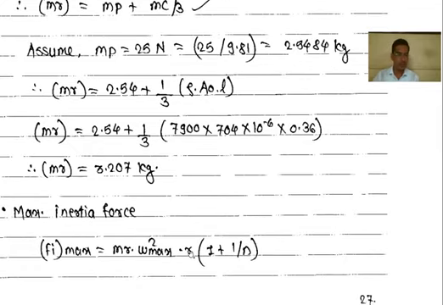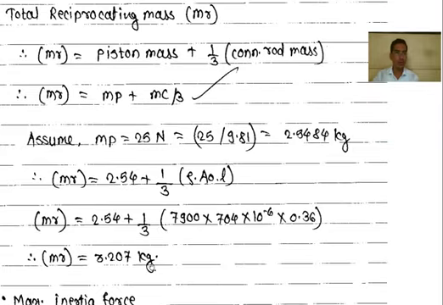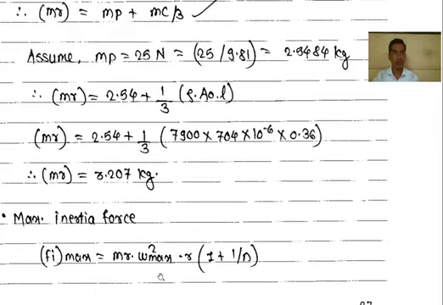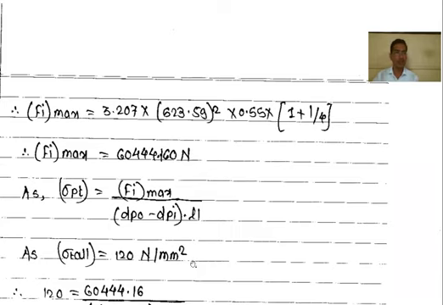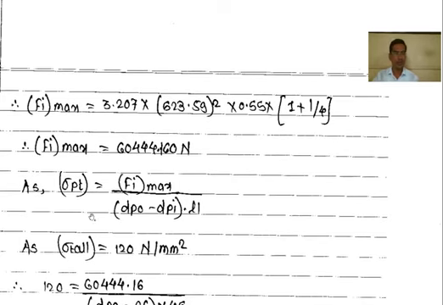Maximum inertia force Fi maximum is calculated by the total reciprocating mass into omega square max into R into (1 plus 1 upon N). So Fi maximum is calculated as 60,444.16 Newton.